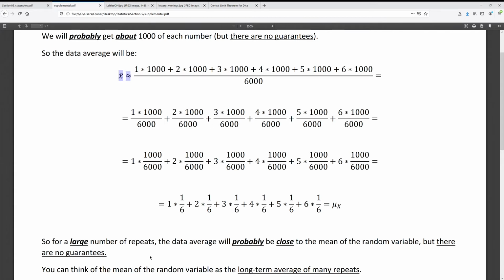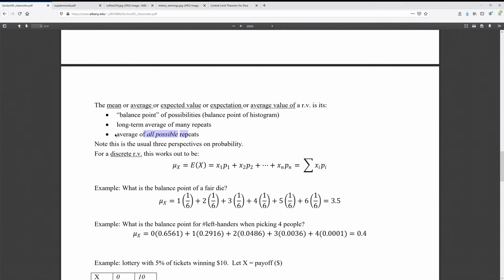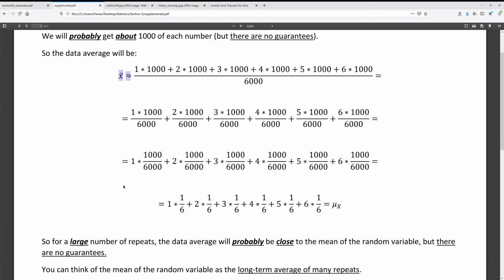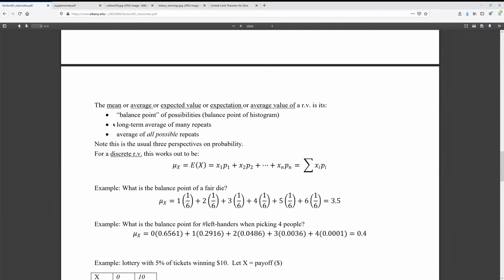You can think of the mean of the random variable, as I said, as the average of all possible repeats. And you can think of the data average, x bar, as the average of the repeats you actually do. The average of so many actual die rolls might be anything, but if there's a lot of them, it'll probably be close to 3.5. And that, remember, was 0.2.